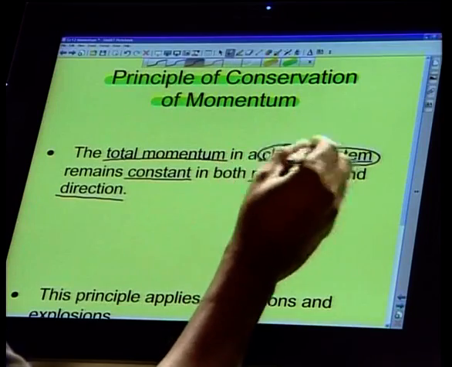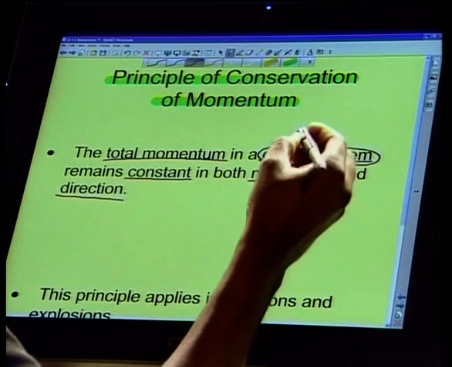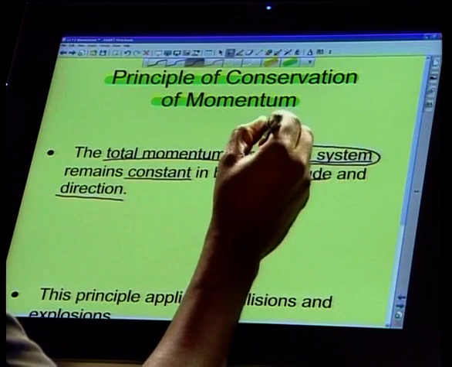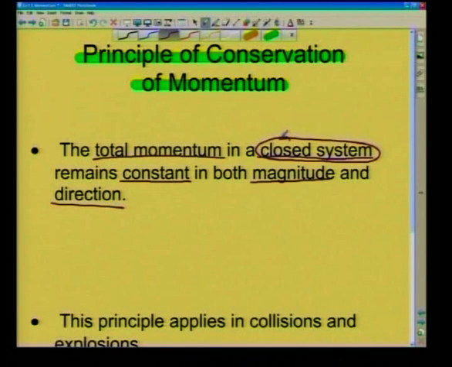Perhaps we need to explain a little bit what we mean by a closed system. A closed system would mean that there is no external force acting on it, okay? So no external force acts on this system.